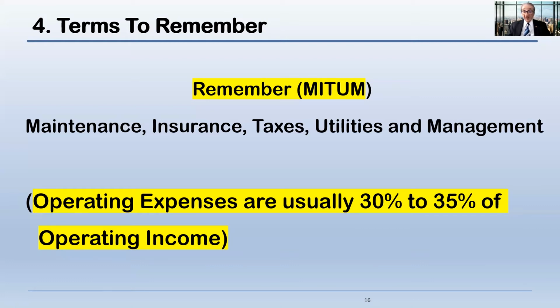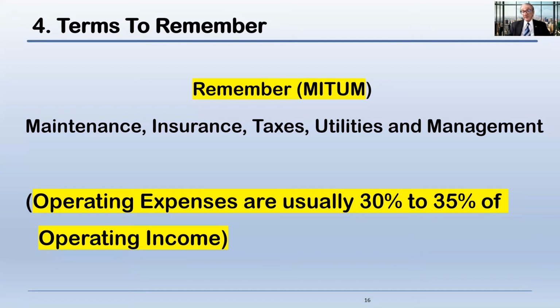And it adds up to approximately 30 to 35%. The abbreviation of it, try to remember it all the time, is MITEM. So MITEM stands for maintenance, insurance, taxes, utilities, and management. And it's around 35% for apartment buildings or multifamily.